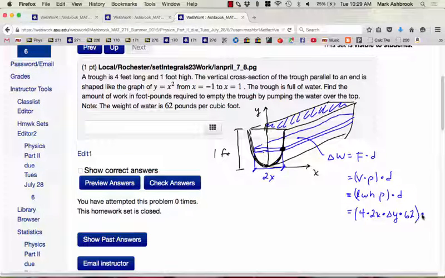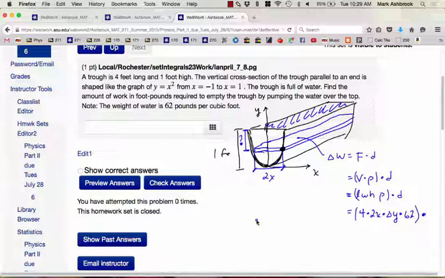Okay, times what's the distance that this layer needs to go to get out the top? Y? Agree with that? It's 1 minus y. So it's the distance from here to here that it's got to go to get out. Is that y? No, it's 1 minus y.